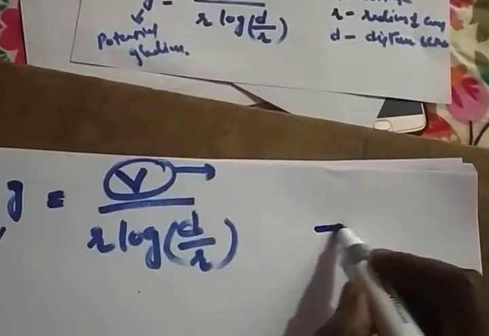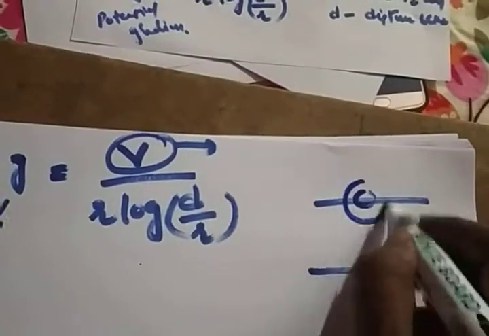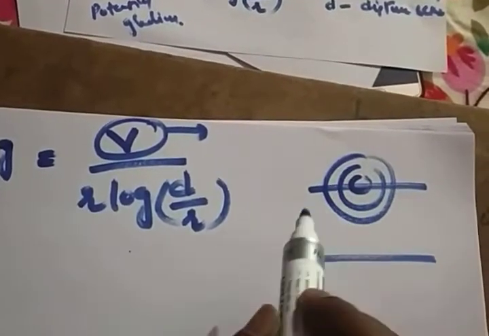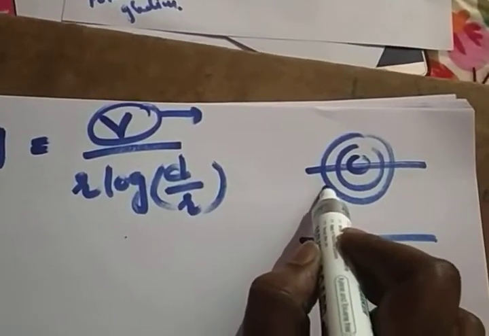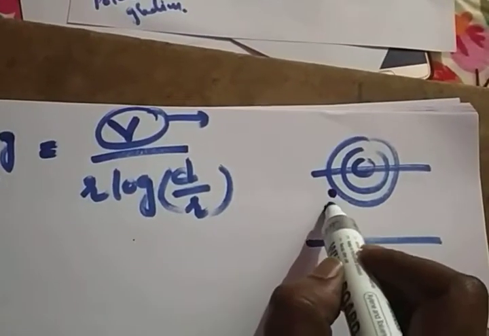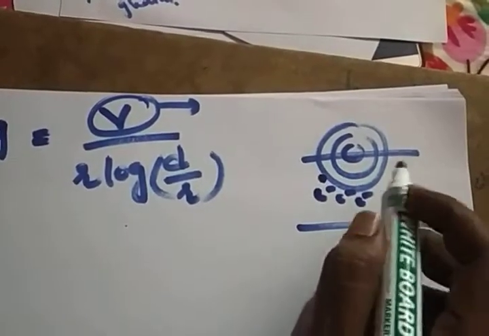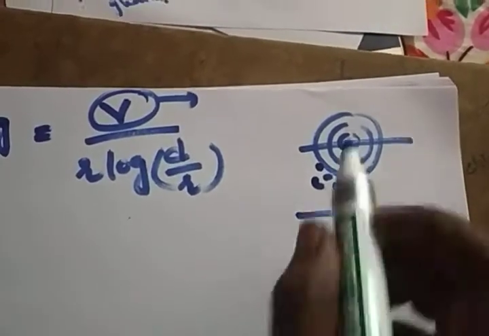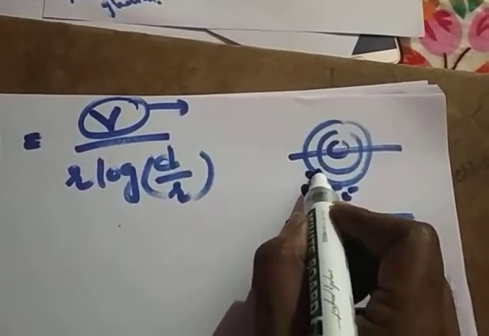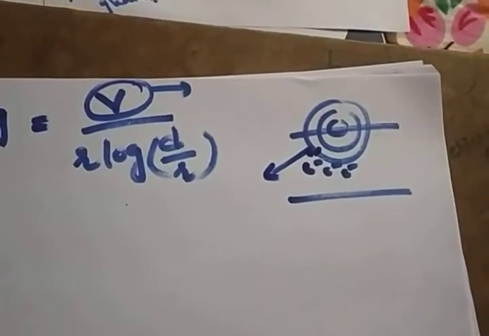See, this is a conductor, and now you are applying your voltage, so there will be a potential gradient. You need to know at what gradient, how much stress, the electrons will move fast enough to collide with the air molecules. Only then will the ionization take place. That voltage we call the critical disruptive voltage.